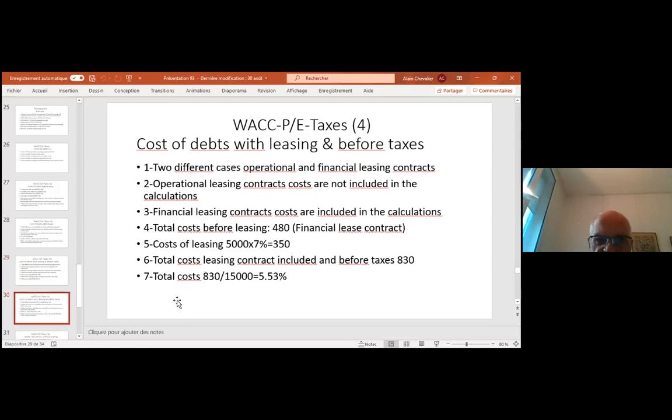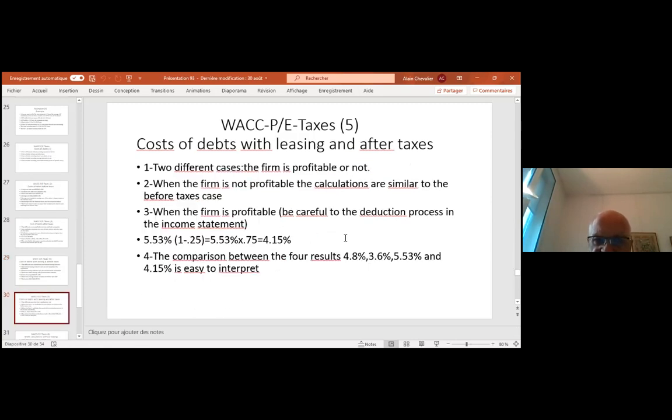And then we moved one step further, and we said now we have to calculate the cost of debt after tax, leasing included. It is the last data, 5.53% multiplied by 0.75, which is 1 minus 0.25, a 25% tax rate, which gives 4.15. This is what you find here on the third line, third part.